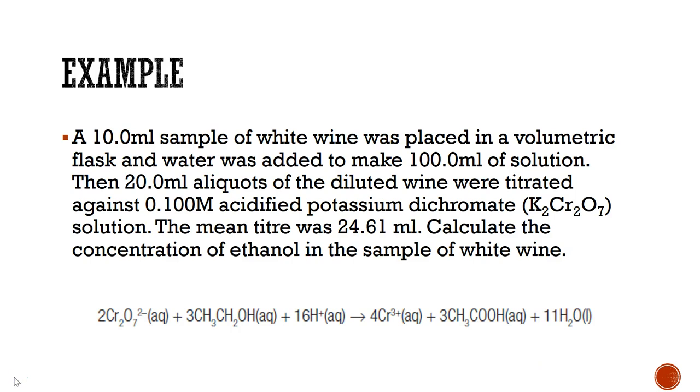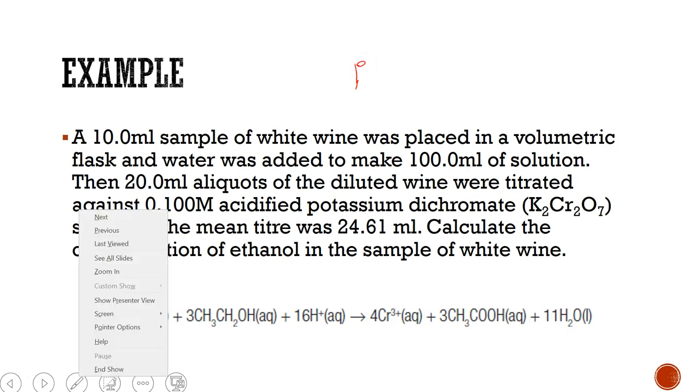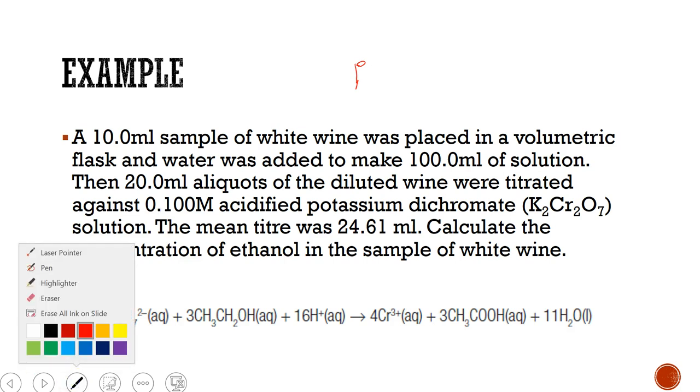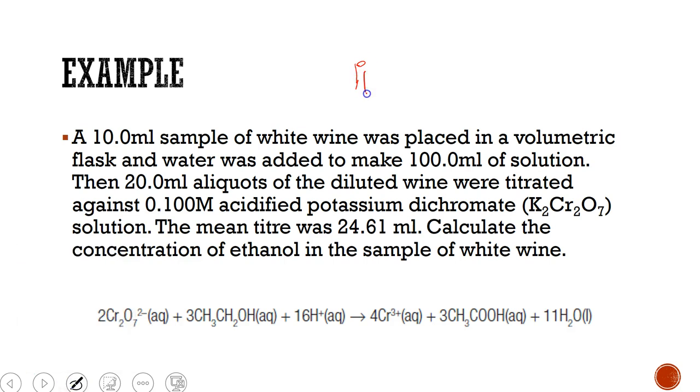So this is our example question. We have a 10 centimetre cube sample of white wine and it's being placed into a volumetric flask. From that, we're adding water to make it up to 100 ml solution. Okay, so we're taking an aliquot of our wine, and then we're going to dissolve that up into a volumetric flask.